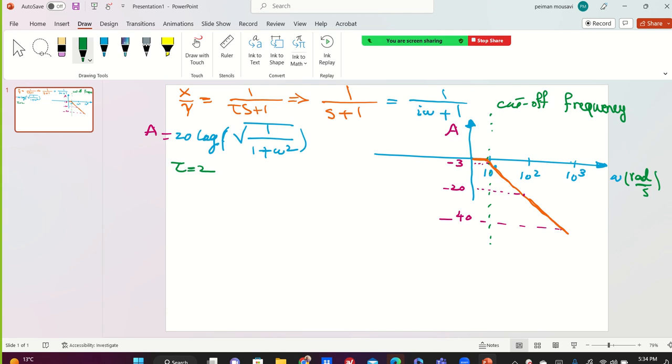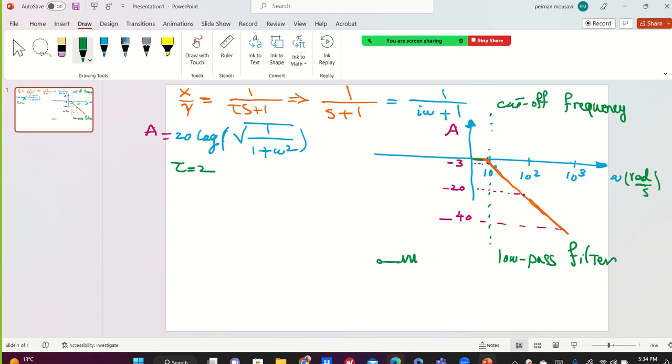For example, if tau is 2, before going to this. This is the low pass filter, as I told you, and it filters out the higher frequency, only accepts the low frequency. What does it mean physically?